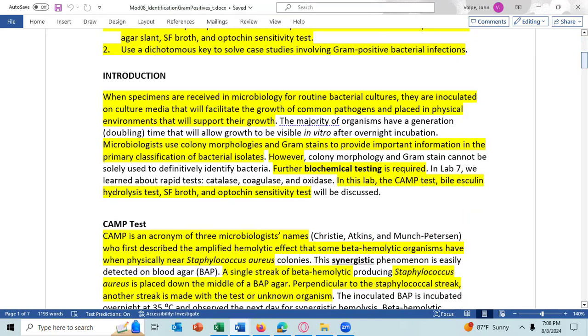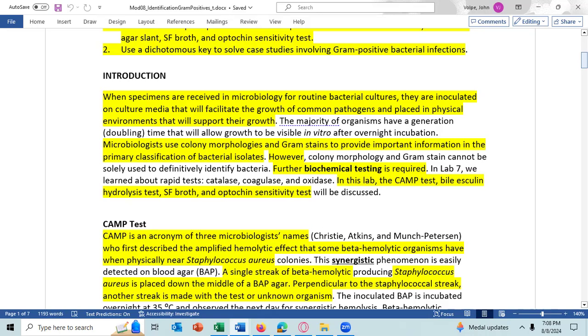Microbiologists use colony morphologies and gram stains to provide important information in the primary classification of bacterial isolates. However, they cannot identify most species. Further biochemical testing is required.